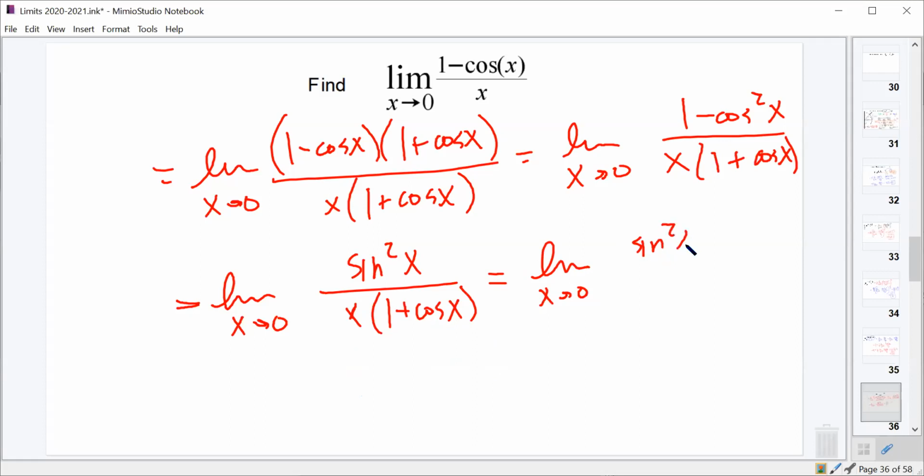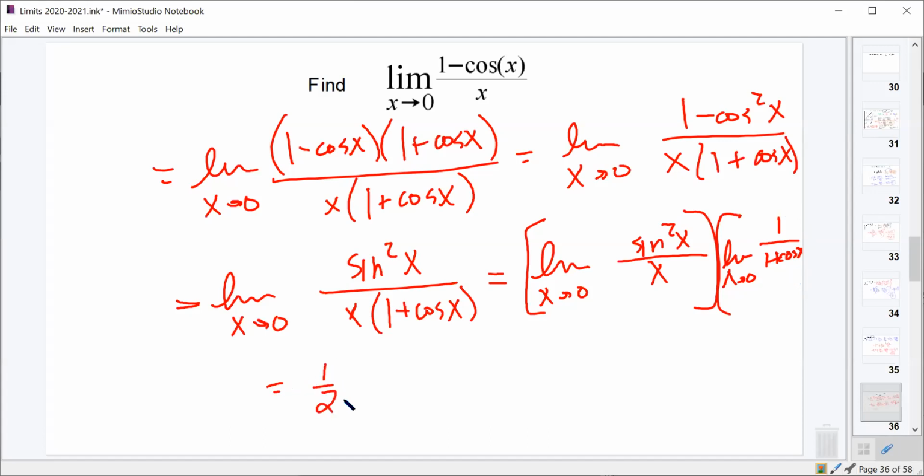We'd have to rewrite it as sine squared x over x times the limit as x approaches 0 of 1 over 1 plus cosine x. Kind of ran out of room there. And now, what is that limit as x approaches 0 of 1 over 1 plus cosine x? It's just 1/2, right?